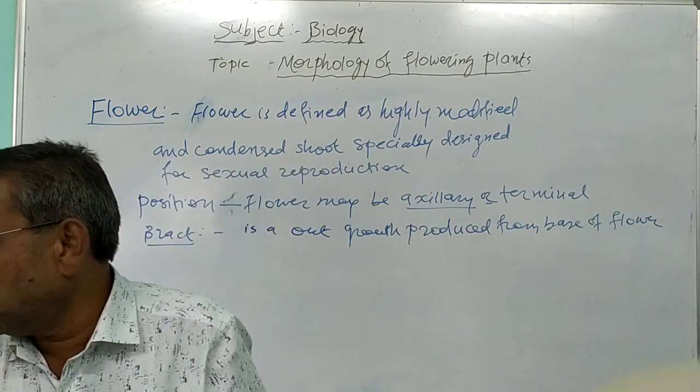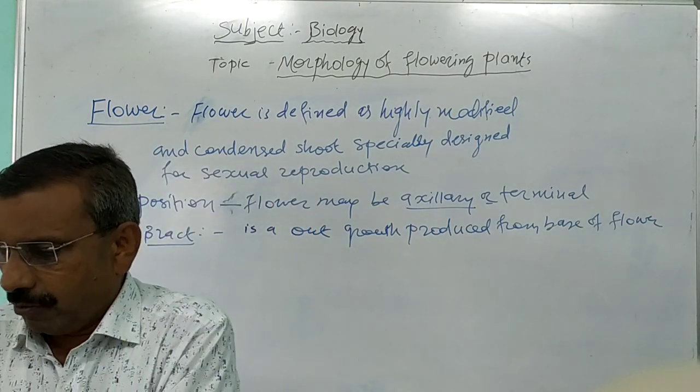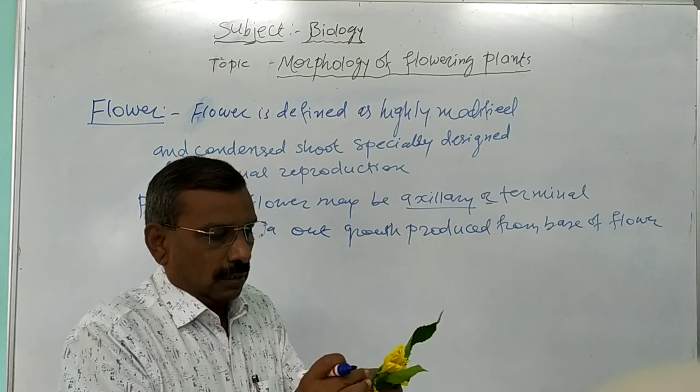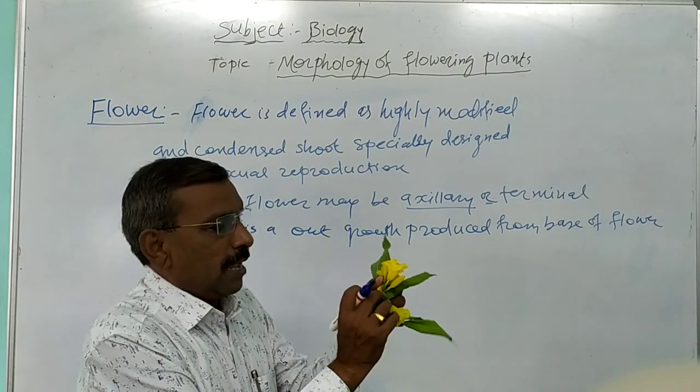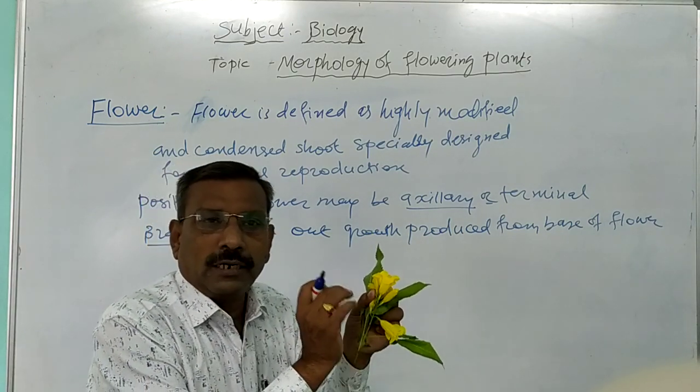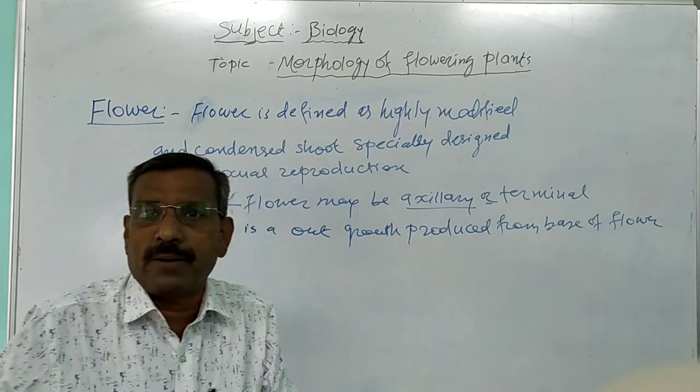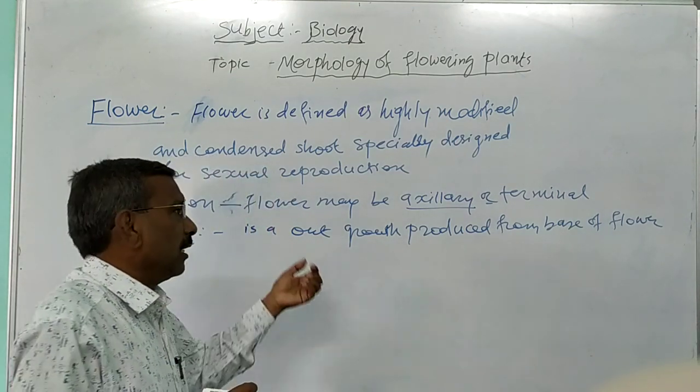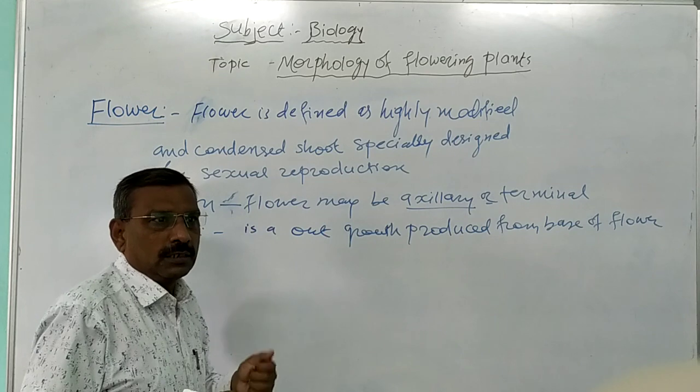Suppose this one is a flower. From the base of this flower, sometimes a scale-like or leaf-like outgrowth is produced. That is known as a bract.